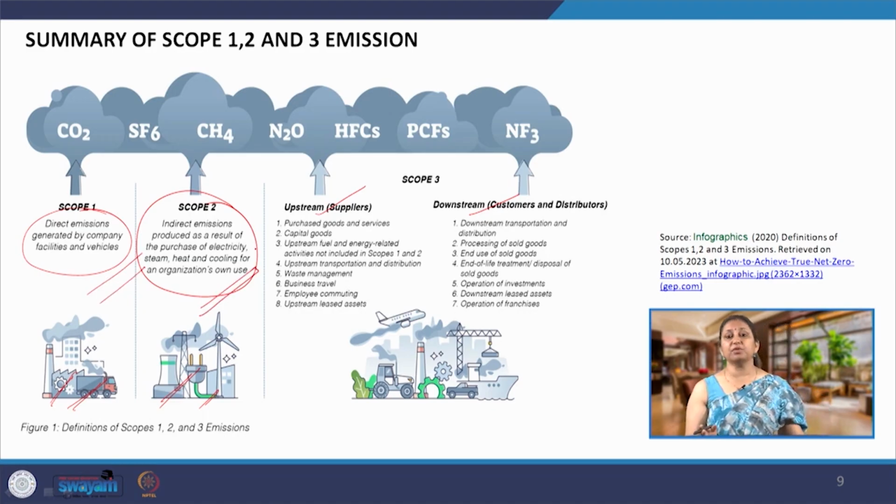Gradually we will be moving to scope 3, and to immediately address scope 3, the companies are looking at the alternatives that are available to them and the choices that they can make in selecting the raw material or the processes or the decisions that can be made upstream and downstream of the value chain. So, this is what scope 1, 2 and 3 emissions would be.